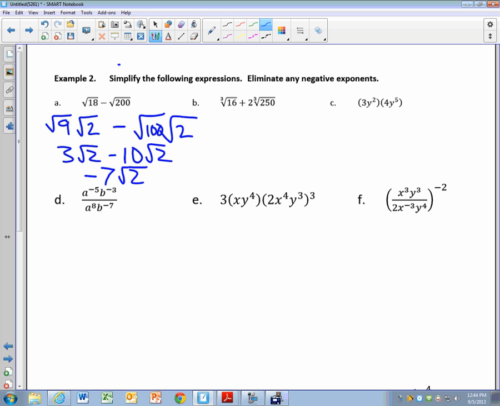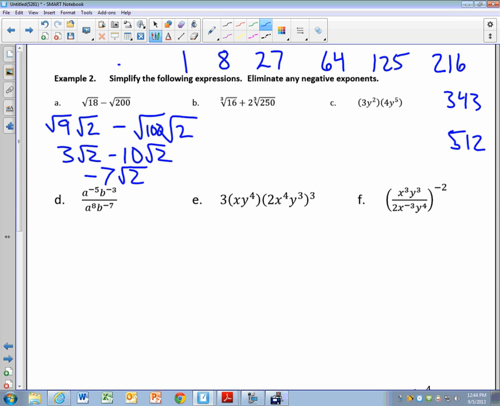I'll have everybody do B on their own, but I'll give you a hint here. Let's list perfect cubes real quick, because that's what everybody has wanted. What's 1 cubed? 2 cubed? 3 cubed? 4? 5? 6? 7, 8, so on and so forth.